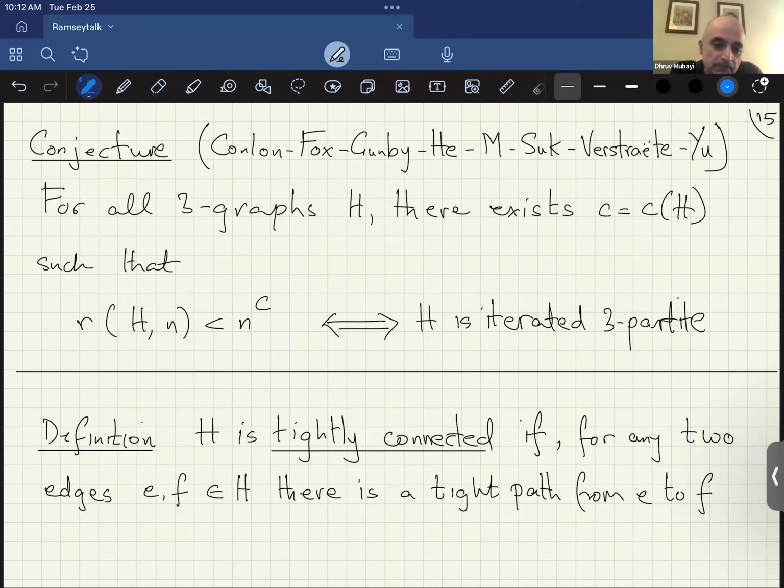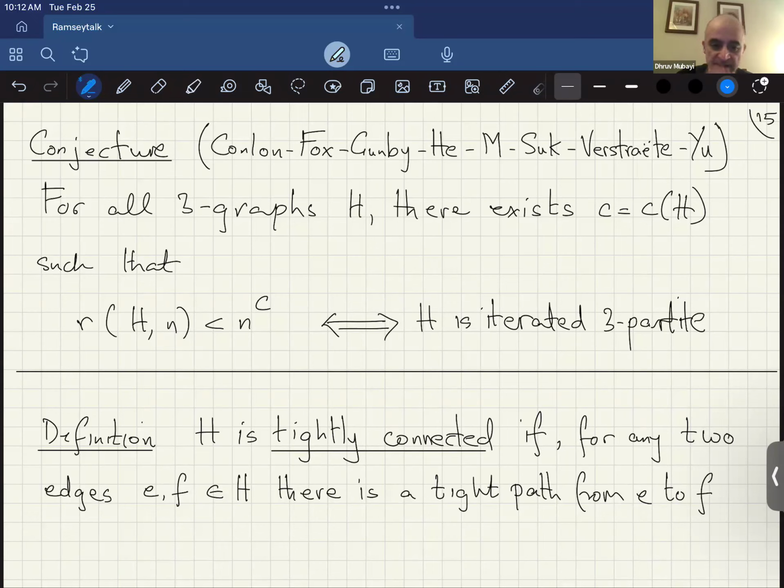And if this conjecture is true, then proving it is only about giving lower bound constructions, because there is no upper bound to be proved. Erdős and Hajnal proved the upper bound. And in this paper, we gave some evidence. So I will show you some results that give some evidence about this conjecture.